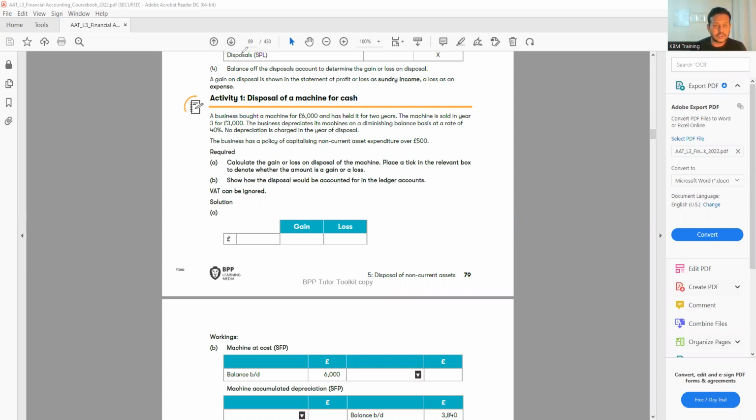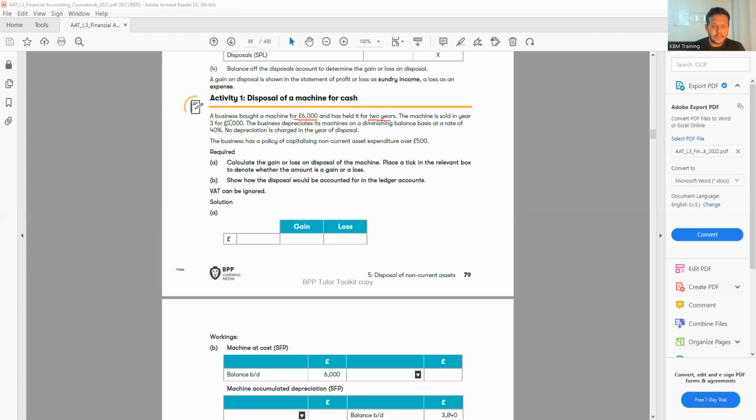Let's try this question. Say the business bought a machine for 6,000 and has held it for 2 years. So the purchase cost is 6,000 and we have used this machine for 2 years. That means we have to calculate the depreciation for 2 years. The machine is sold in year 3 for 3,000.